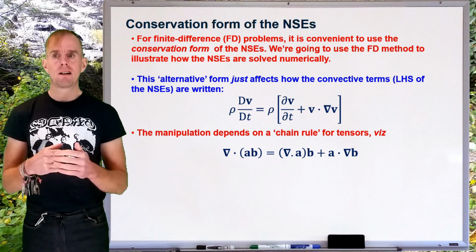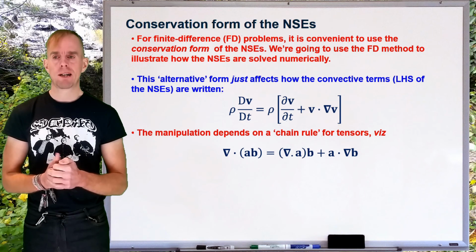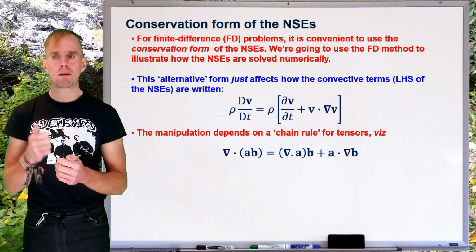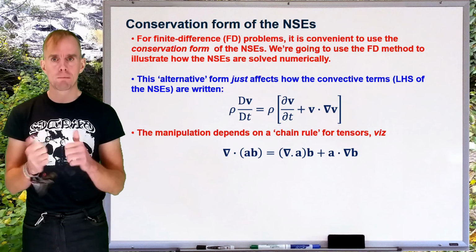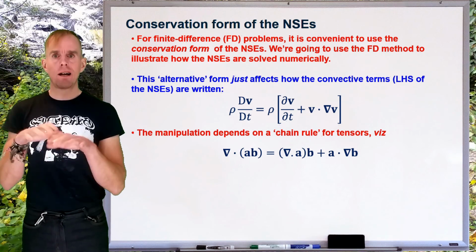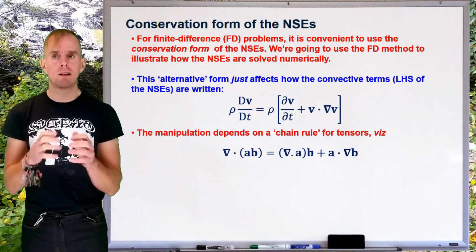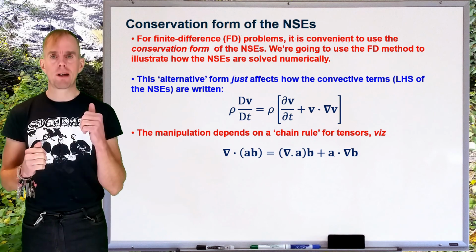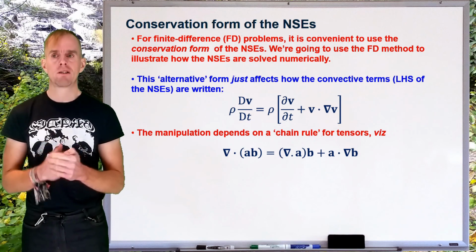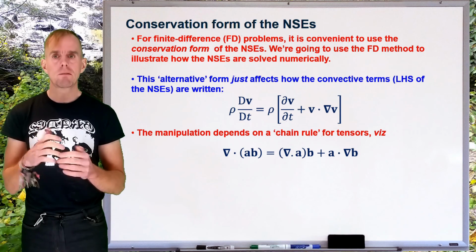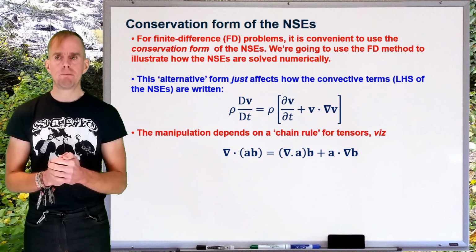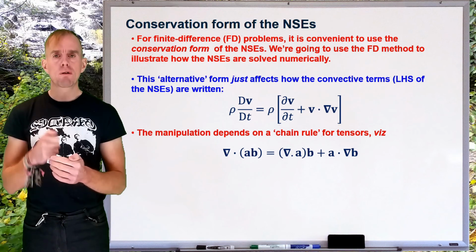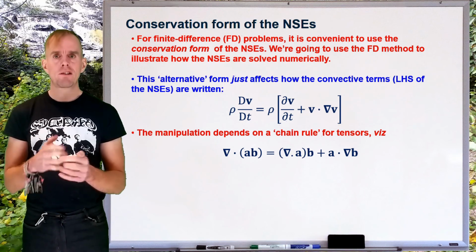And so let's look at our b grad a term. Well, if we have a dot product between grad and a, that gives us a scalar. Two vectors dot product together gives us a scalar. And a scalar multiplied by a vector gives us a vector. So that's why the first term on the right hand side is grad dot a, all multiplied by b. Let's look at the second term, a grad b. Well, grad b gives us a tensor, doesn't it?